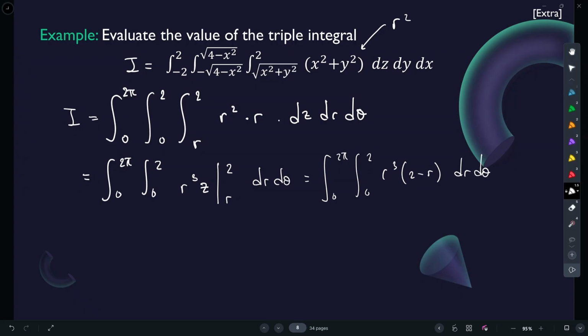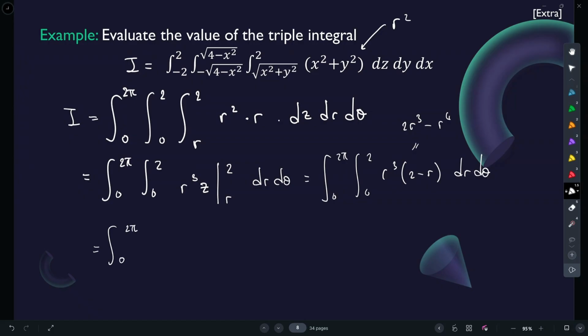Okay? If I simplify this, this is 2r cubed minus r to the 4. And I can integrate that with respect to r now.